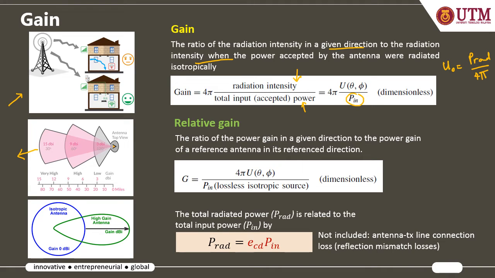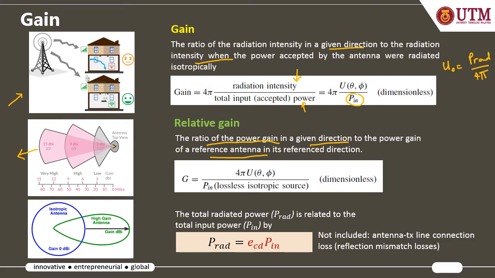Therefore, the gain equation may be simplified to 4 pi multiplied by U, the radiation intensity in the intended direction, divided by P in, the accepted power to the antenna. And the relative gain is the ratio between the power gain in a given direction to the power gain of a reference antenna in its reference direction.